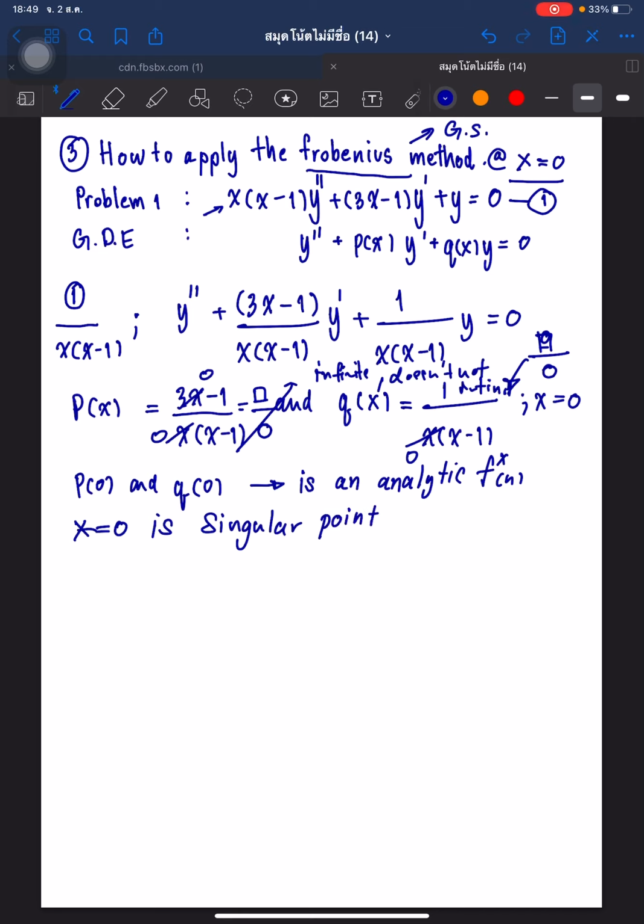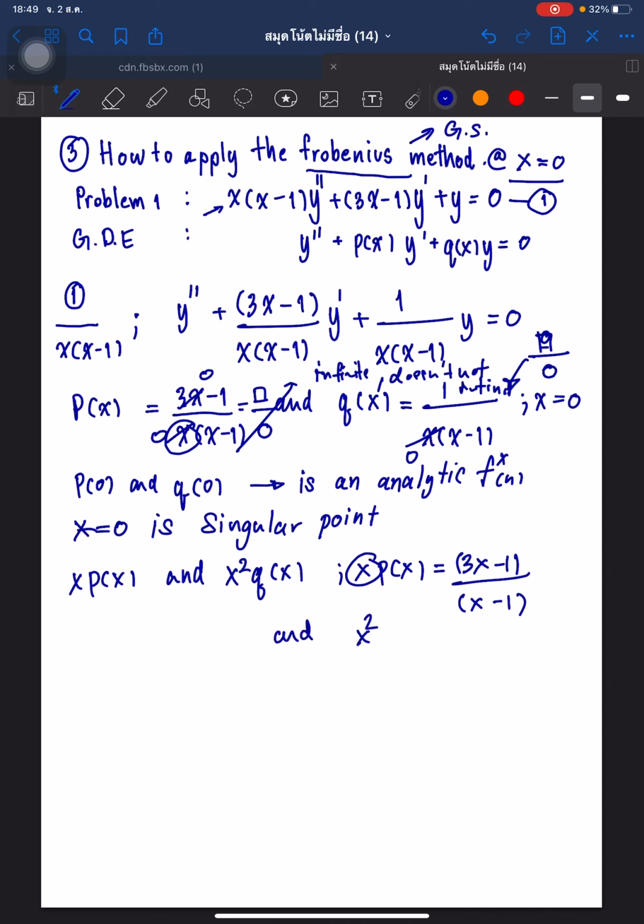and after that we check x p of x and x squared q of x. We get x p of x equal to this term. They cancel x, leaving a term over x minus 1, and x squared q of x equals x divided by x minus 1.